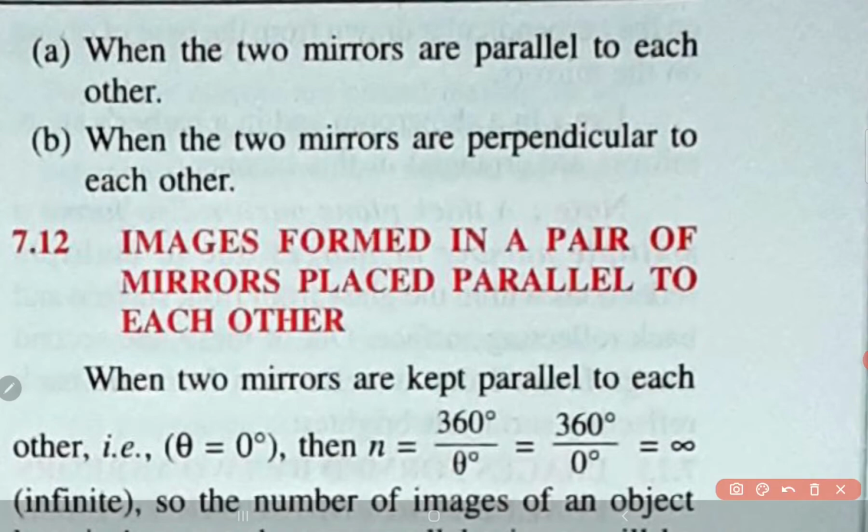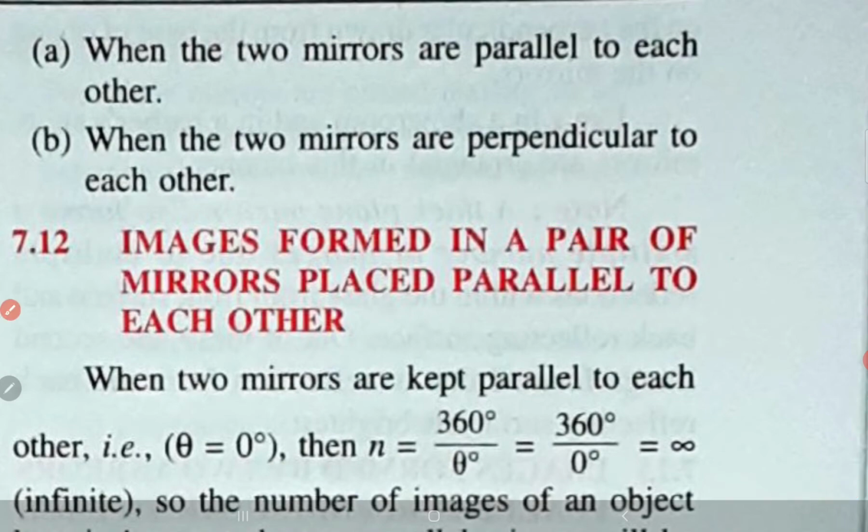And when the two mirrors are perpendicular to each other, that means they make an angle of 90 degrees. So these are the two special conditions which you are learning in class 9. Let us go to the first one.